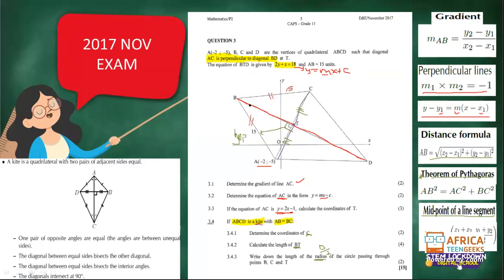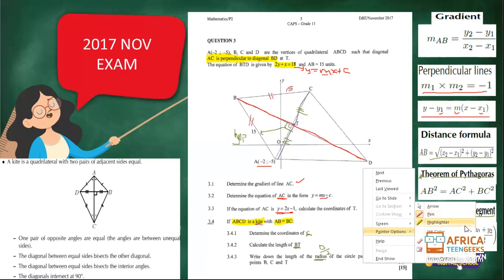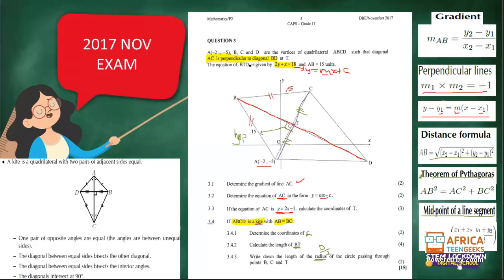So if you have a circle that is passing through points B, C, T, you will realize that the length of BC is actually the diameter of that circle.